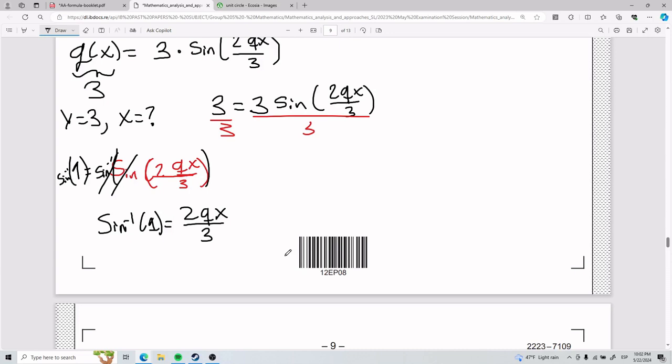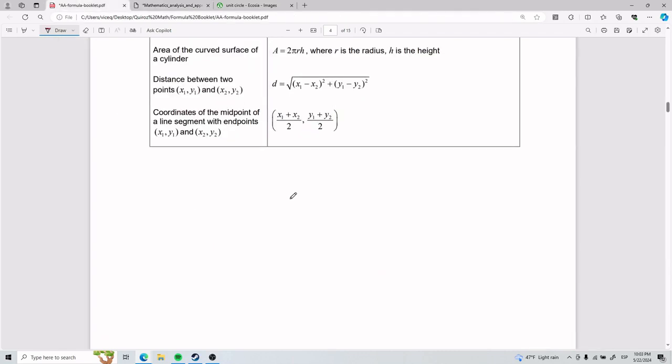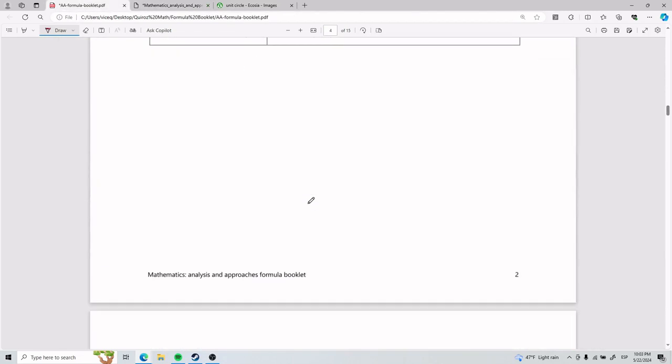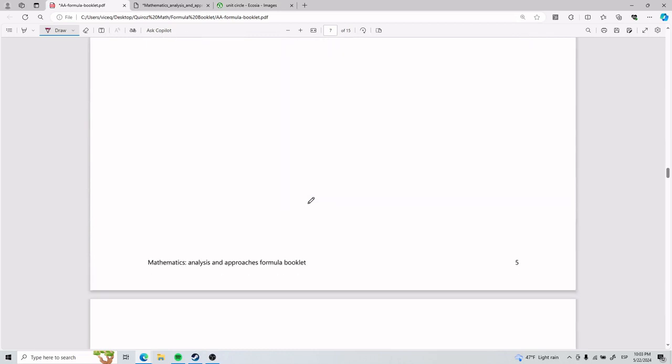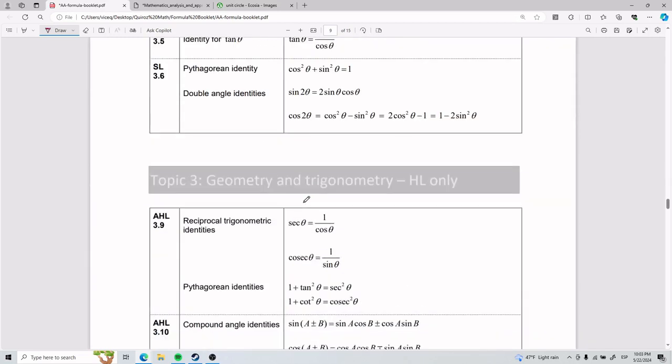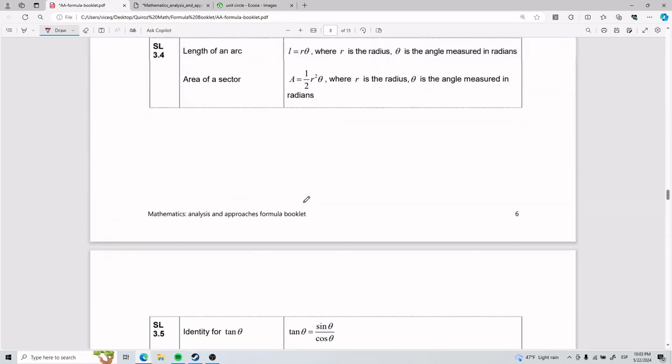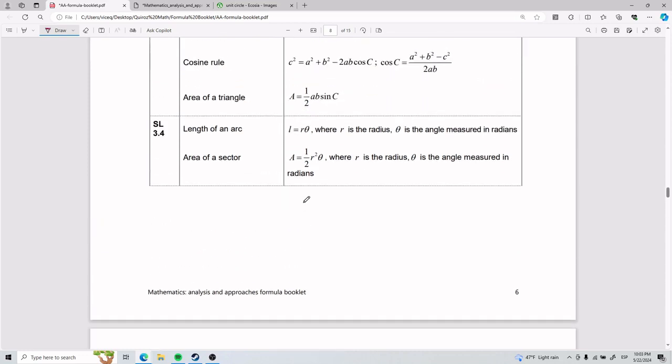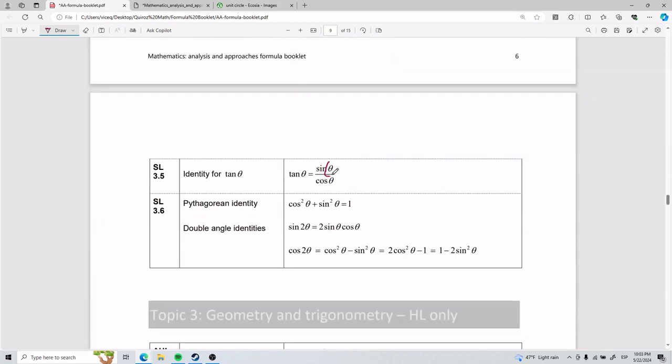All right, and here's something I need to mention from a conceptual standpoint. Whenever you do sine inverse of something, you get rid of the sine and end up with only what's in the parentheses. But there's something very, very important I need to point out. This actually does show up a little bit from the booklet. Whenever you use sine, it's always like sine theta, right?